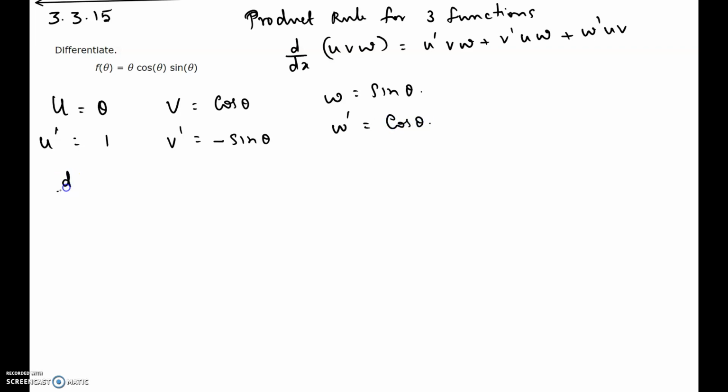Now in this case, we will apply d by d theta of f of theta, which is f prime theta, because f is a function of theta in this case.